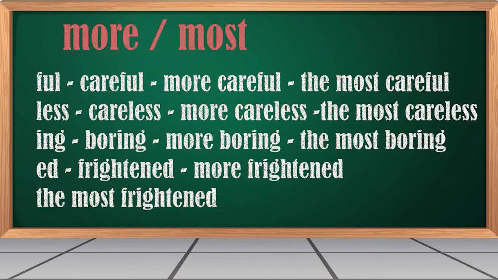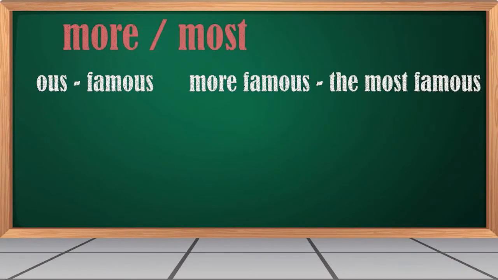ING: boring, more boring, the most boring. ED: for example, frightened, more frightened, the most frightened. OUS: famous, more famous, the most famous.